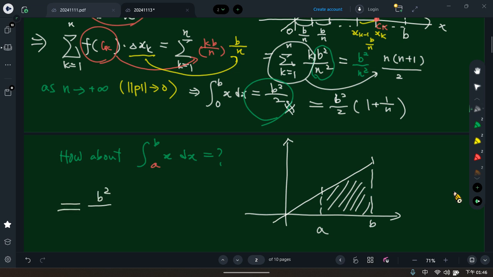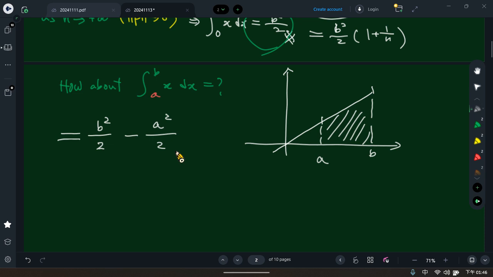The answer will be b squared over 2 minus a squared over 2. Because you can see, if I want to calculate this part, I can calculate the whole part first, then subtract this part. So we can easily extend the idea to calculate the integral from a to b of x. Then the result will be like this.